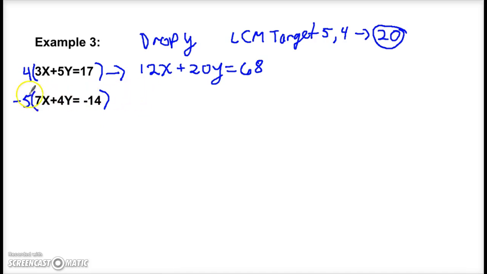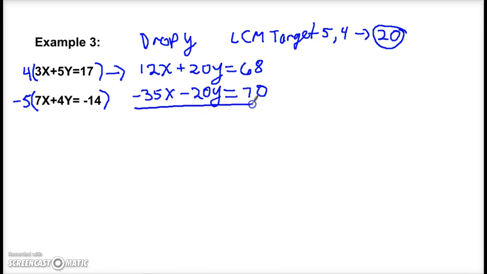And again, I need to remember to distribute and multiply this negative 5 by each term of the equation on both sides. So I'm going to get negative 35x minus 20y. Notice how these drop out. That means I'm on the right track, equals -5 times -14 is a positive 70.